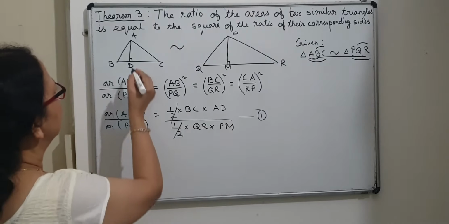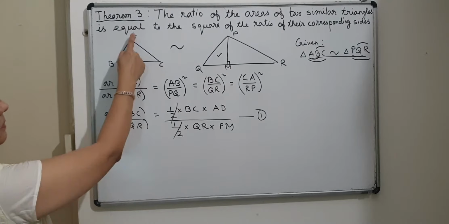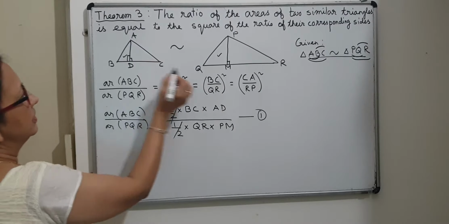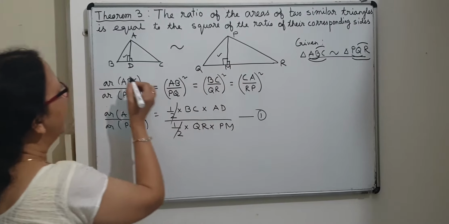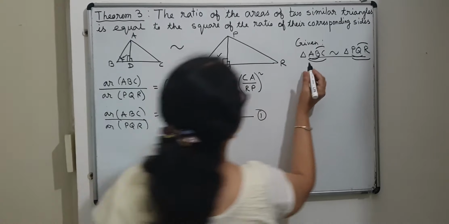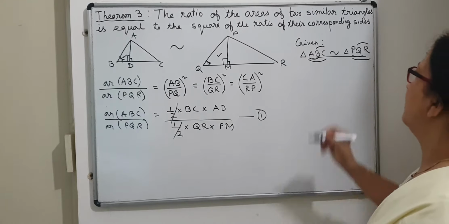Now you consider these two small triangles, ABD and PQM. You see, this is 90 degrees, this is also 90 degrees, and angle B will be equal to angle Q. Why? Because these triangles are given to be similar, and the corresponding angles of similar triangles are equal.